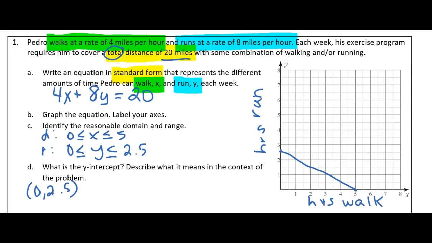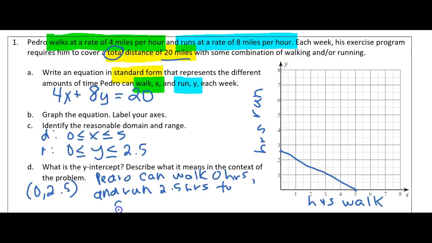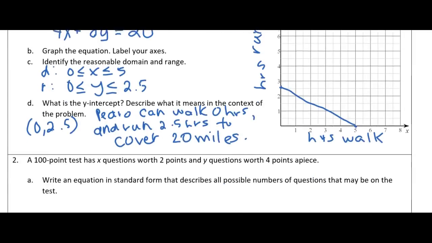So 0 represented by walking, so Pedro can walk 0 hours or no walking and run 2.5 hours to cover the 20 miles he needed in combinations. Awesome. Let's move to the next one.